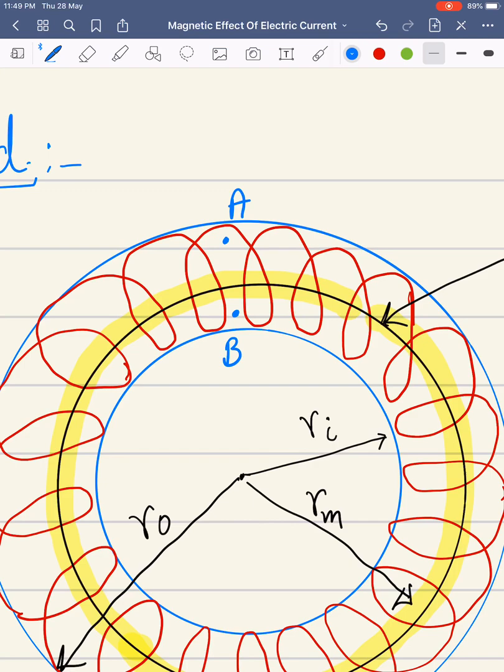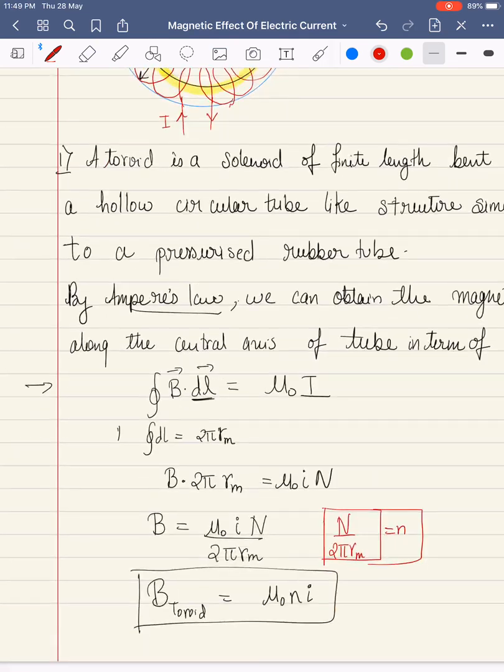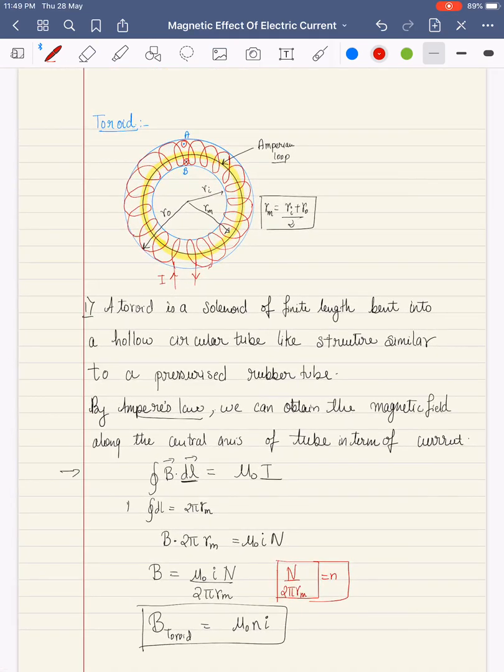Because at A the current is normally outside the plane of paper, while at B the current is normally into the plane of paper. So there is a change in the direction of current at point A and point B. Due to this, the magnetic field strength does not remain constant over a cross section of a toroid, whereas it remains constant within a solenoid. Okay, so what we are actually finding is the magnetic field along the axis of a toroid. That's the derivation for what we have calculated.